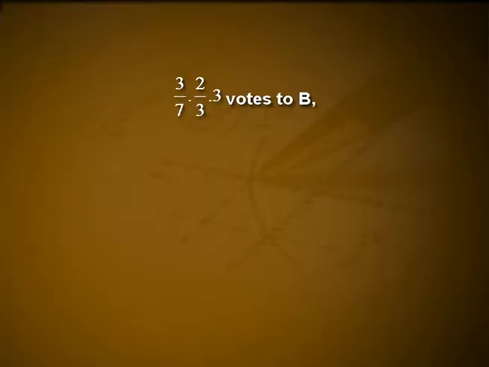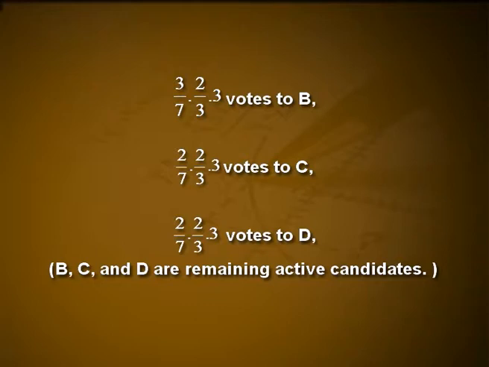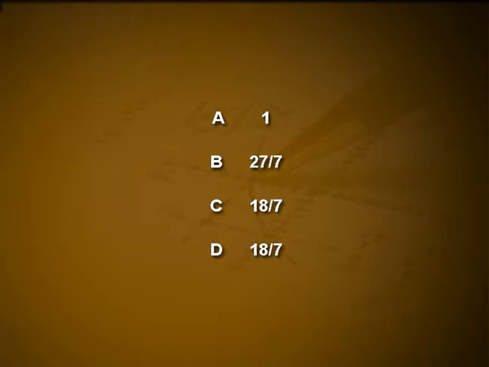Then we transfer 3/7 × 2/3 × 3 votes to B, 2/7 × 2/3 × 3 votes to C and 2/7 × 2/3 × 3 votes to D, provided B, C and D are remaining active candidates. Thus, after the transfer, voter i's votes are distributed as follows: A gets 1, B gets 27/7, C gets 18/7 and D gets 18/7.